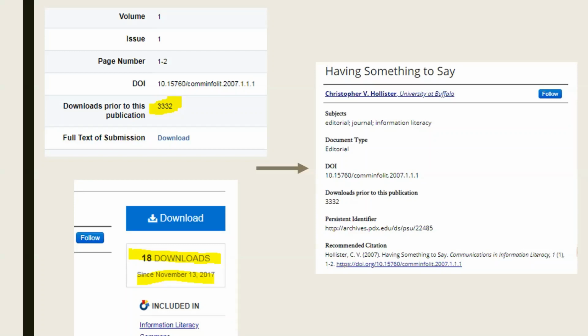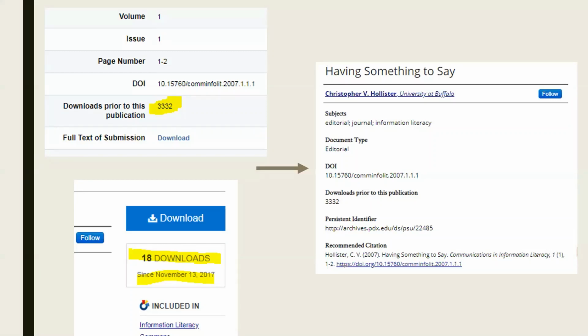If an author is a faculty member and they are being put forward for promotion or tenure or something else, they might really want to be able to document, okay, well, the article that I published in CIL has been downloaded over 3,000 times. That's a good metric to be able to share. And so we wanted to make certain that we had tracked that.